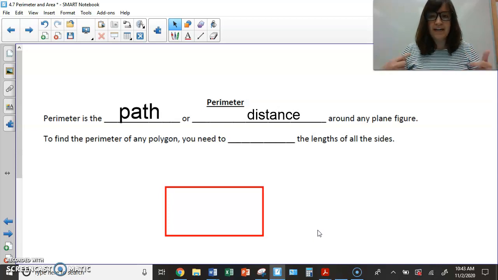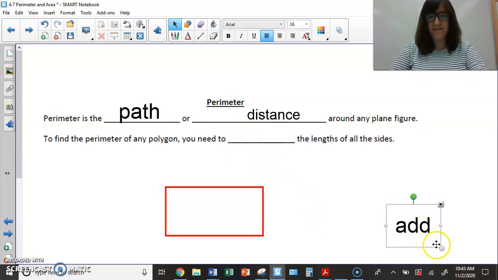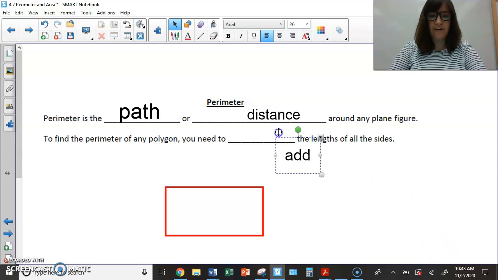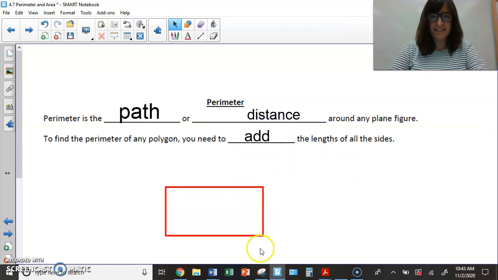So when you're finding the perimeter of a polygon, which has straight, closed sides, you will need to add the lengths of all the sides, okay? So you'll need to know what the sides equal, and you'll need to add up this plus this plus this plus this. This one has 4 sides, it's a quadrilateral, but if it has more sides, you would need to add up more of those sides.